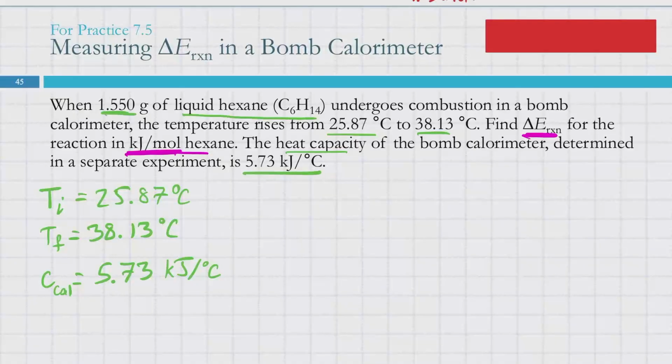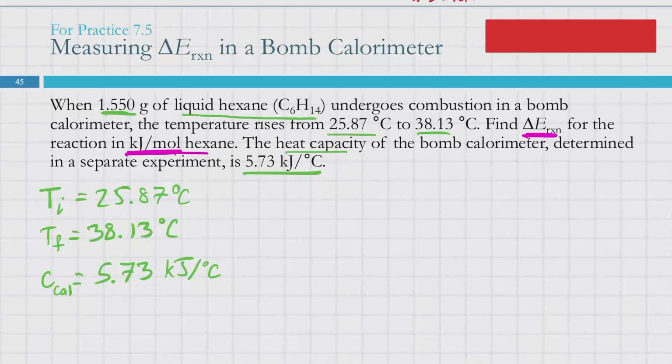If you forget what our equation is, which would be reasonable, or if you just can't figure out which one's the correct one to use, dimensional analysis can come to the rescue here. So our C cal is kilojoules per degree Celsius. If we're looking for an amount of heat, we just need a degree Celsius value. We're given two values, so you might think, which one do we use?